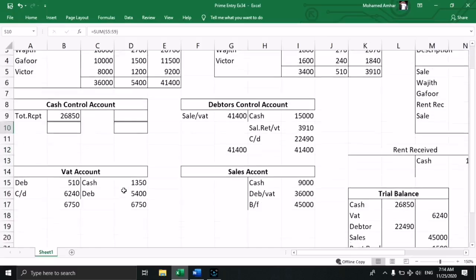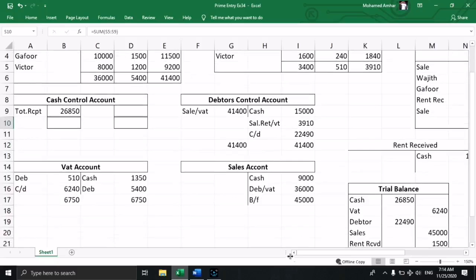Now you have to get the ledger balances. Right, cash control account balance 26,850, it is a debit balance. So you have to transfer the debit balance to trial balance as cash 26,850.